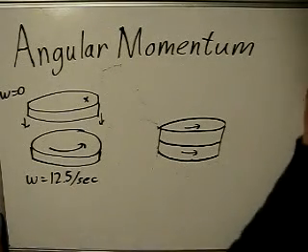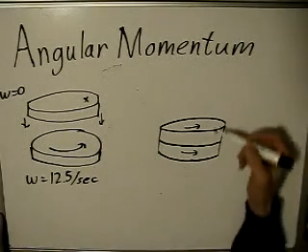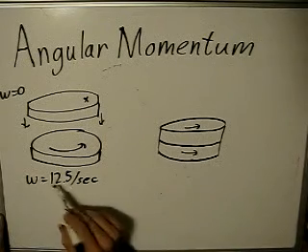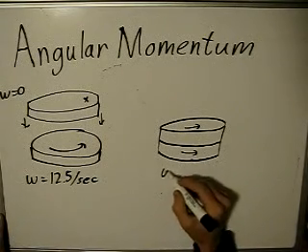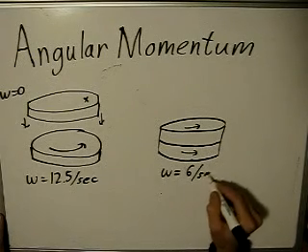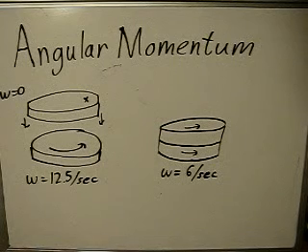And most of you found in the lab that when you had the two plates spinning together after you dropped the top plate onto the bottom one, that omega was about half what it was here. So let's just suppose, for example, that omega was equal to 6 per second afterwards, after the top one had dropped onto the bottom one.